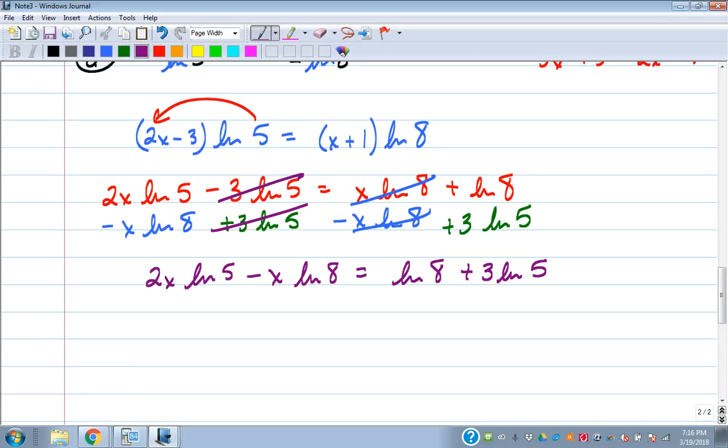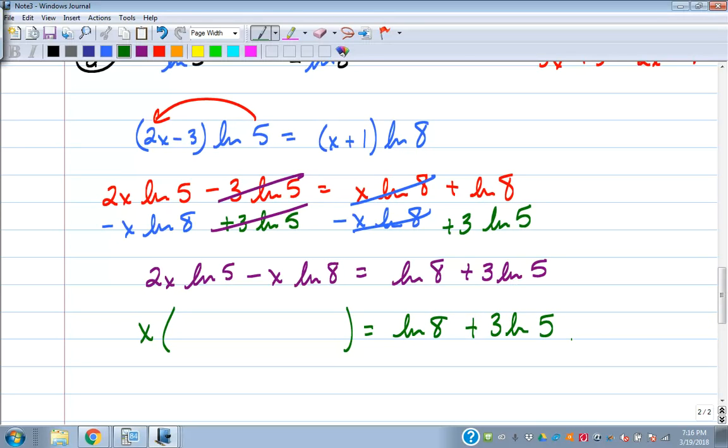Now, I could not combine these two because this is natural log of 5, that's natural log of 8. They're not the same, so I couldn't just put them together. But what do they have in common? Both got x's, right? So that would be like a greatest common factor on them. So if I pull the x out with the GCF, I'm not doing anything to the other side.